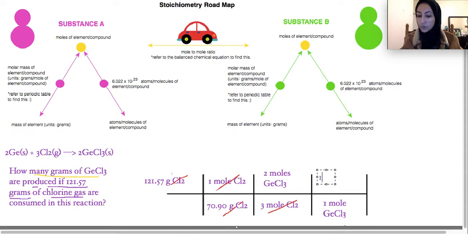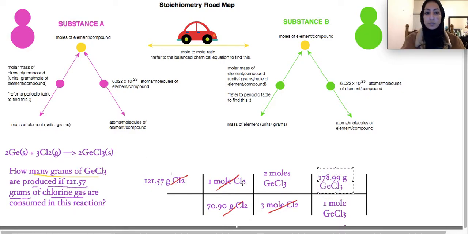You will get 178.99 grams of germanium chloride. Perfect.